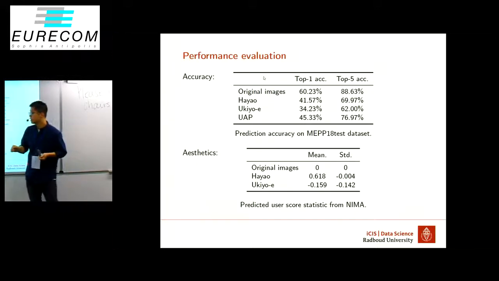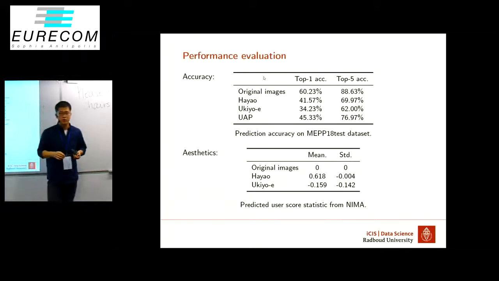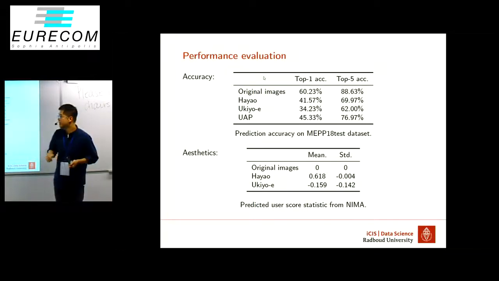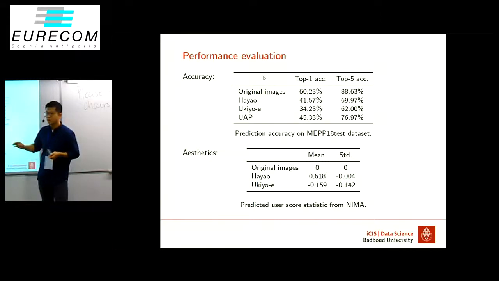For the image appeal part, there are two ways we got feedback. The first is that we use a convolutional neural network, Google NIMA, to give an aesthetic score. The score is from 0 to 10.